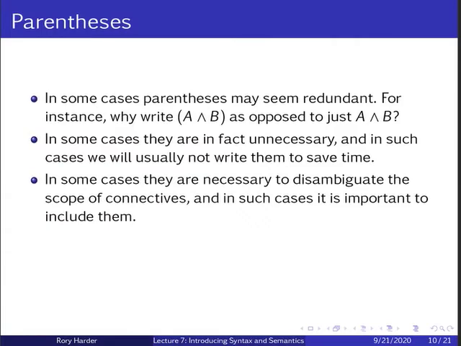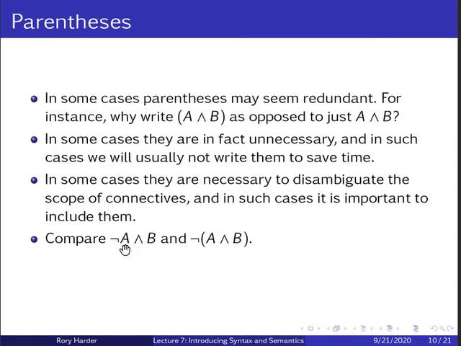But the reason why we do have parentheses hanging around is that they are sometimes necessary to disambiguate the scope of connectives, and I'll explain what scope is in 1 second. But you can understand the importance of parentheses just by considering the following case. I want you to compare the following two sentences.